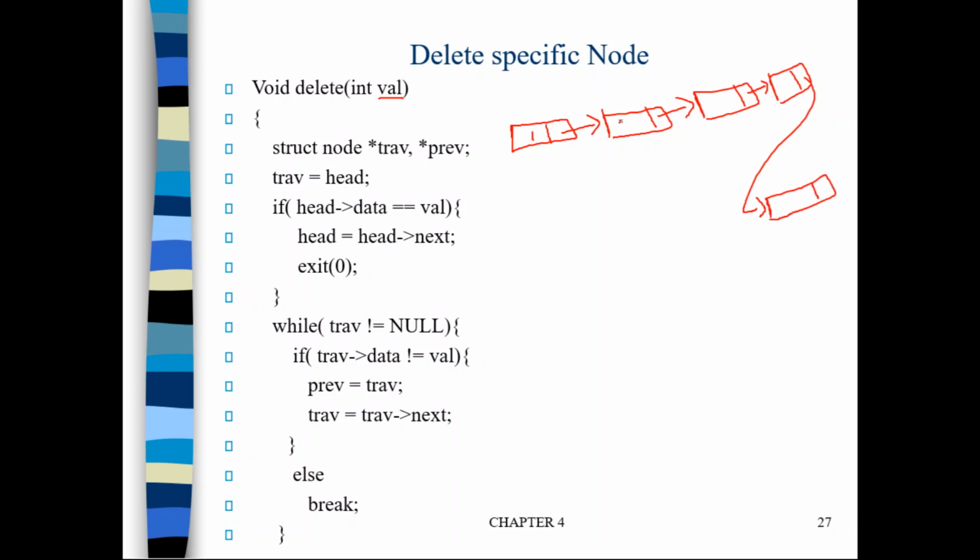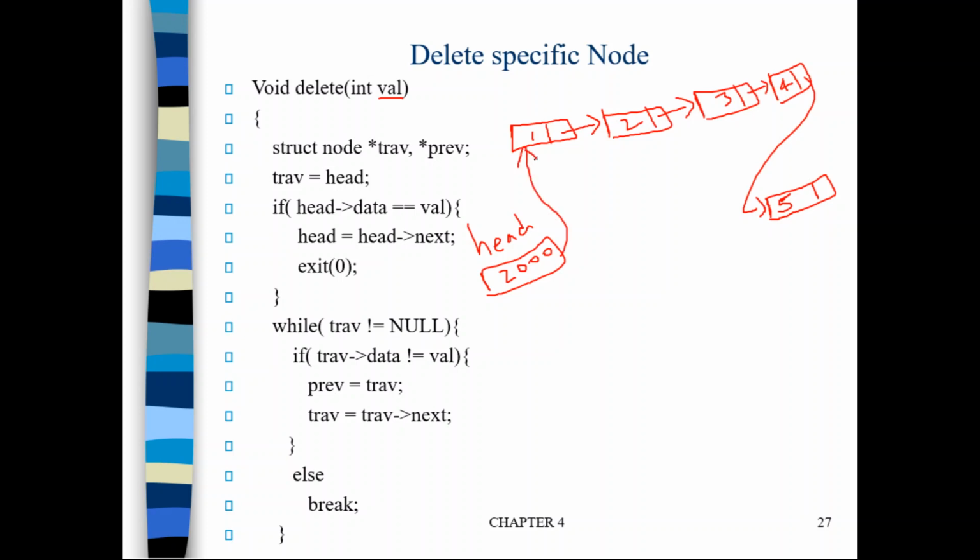This is node 1, 2, 3, 4 and 5. Say head is pointing to the first node, and it holds the value 2000, pointing to the first node.